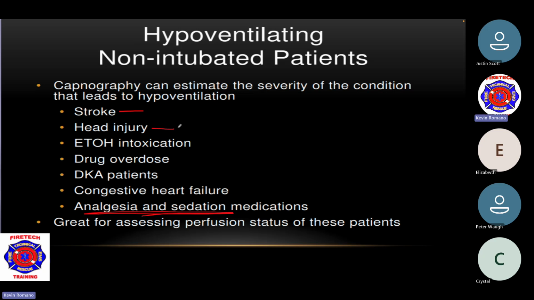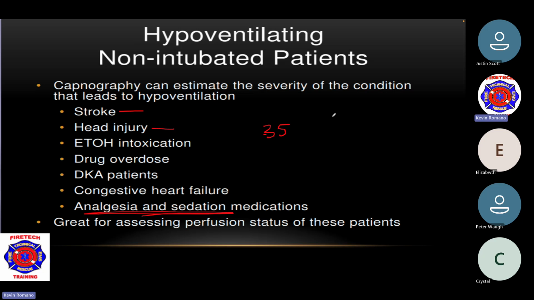So if we're looking at our end tidal readings, all right, our goal for head trauma patients, we want to keep that right around 35. We want to keep that on the lower end, okay?